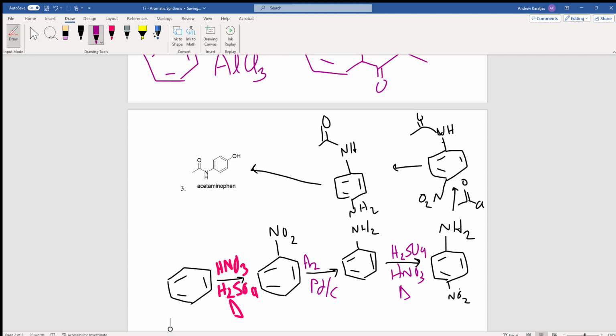We already put in our acid chloride to form the amide. Again, we have another reduction. We'll use hydrogenation again. And finally, the Sandmeyer reaction, using nitrous acid followed by copper oxide, copper nitrate.